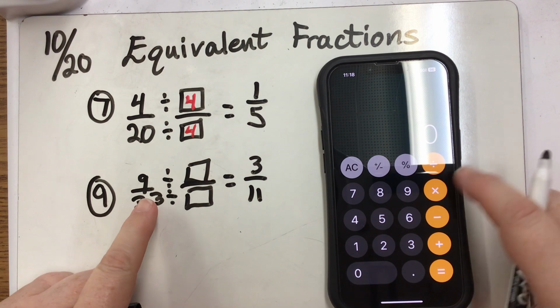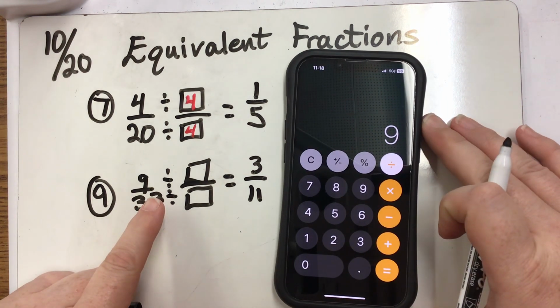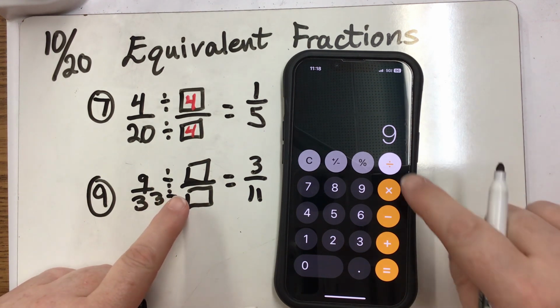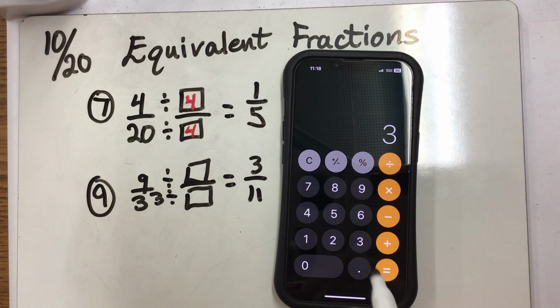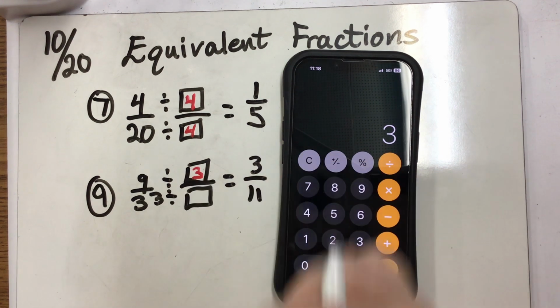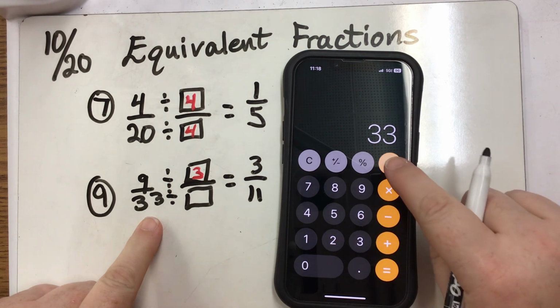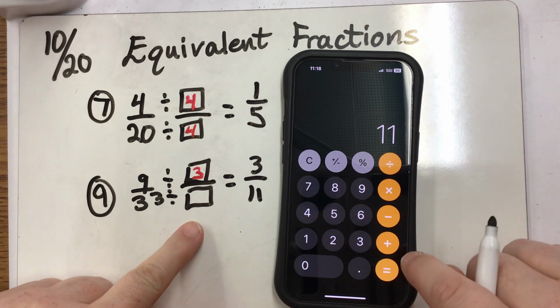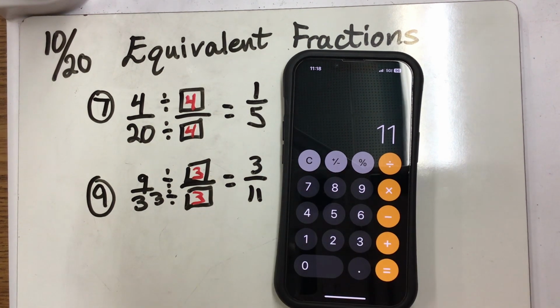Here we go. 9 divided by, oh, I hope that glare's not in a bad way. 9 divided by 3 equals 3. Okay, let's make sure that works. 33 divided by 3 equals 11. Sure does. Must be right.